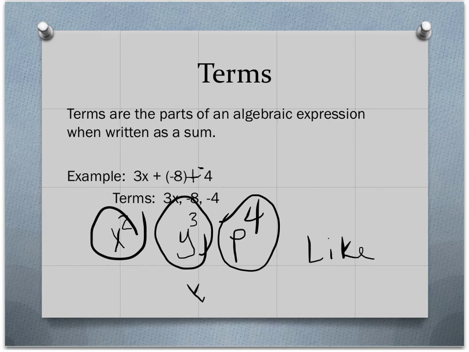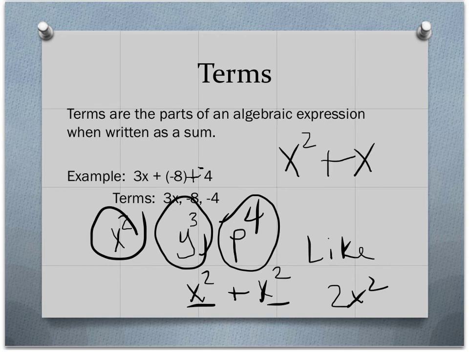So I can add x squareds with other x squareds. So here I've got two of them, so that would be 2x squared. But I cannot group terms that are not alike. So in other words, I cannot group an x squared with an x cubed and say that that's 2x to the fifth. Okay, these are just separate terms. So there's your concept of terms.